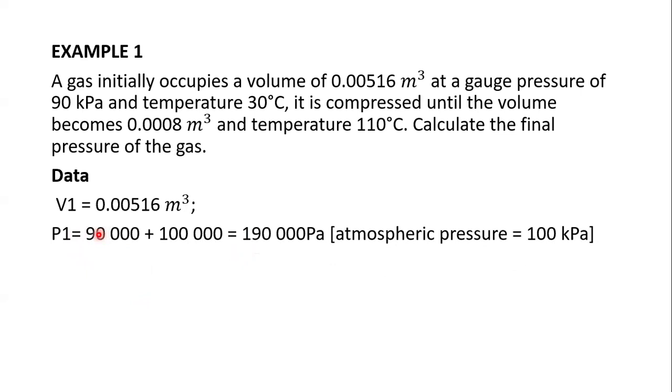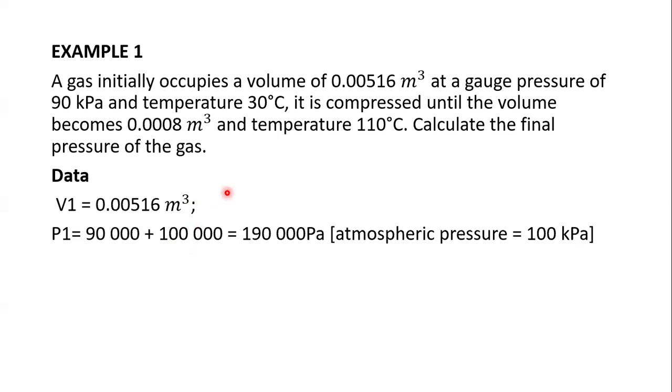But then we need to convert it to the absolute value, so we add the atmospheric pressure. The average value agreed for the sake of calculations is 100,000, but the specific value is 101,300 pascals. Otherwise, for calculations, this is allowed. This is what we will be using.